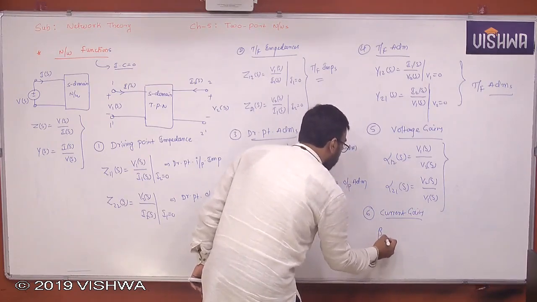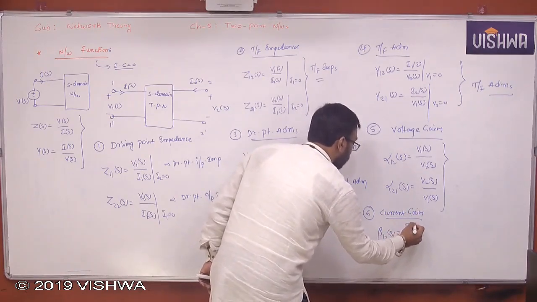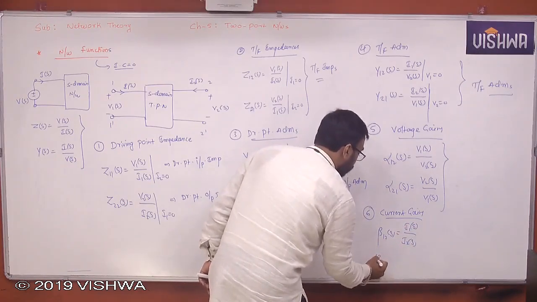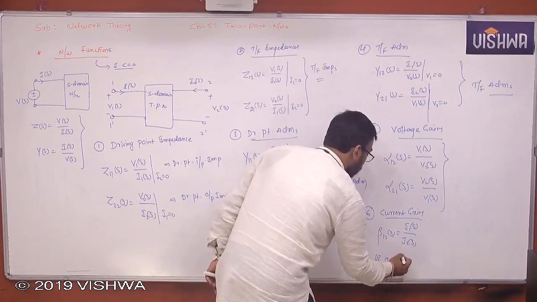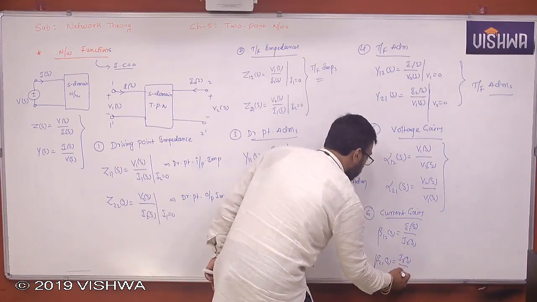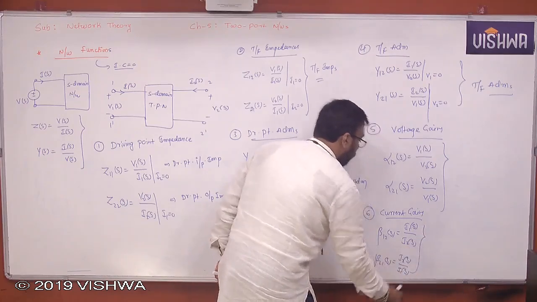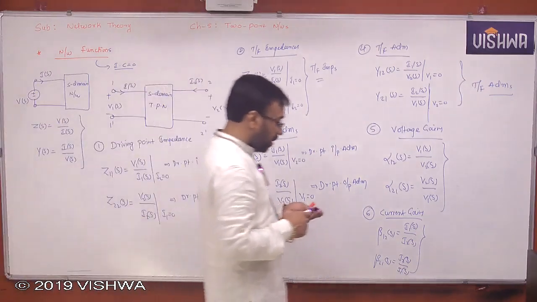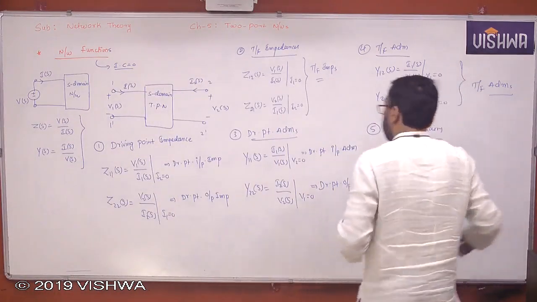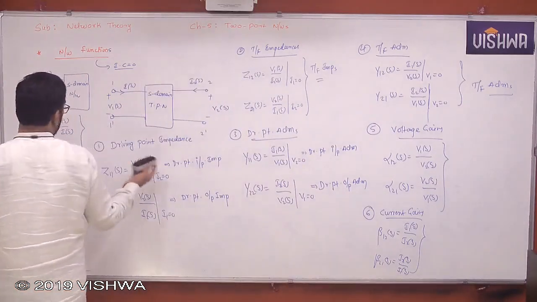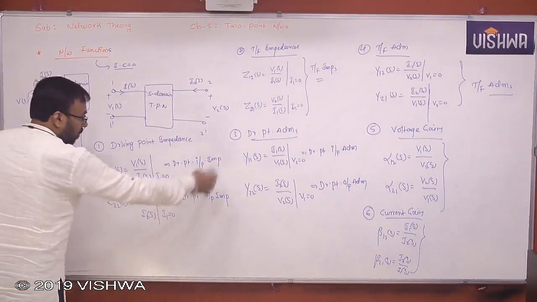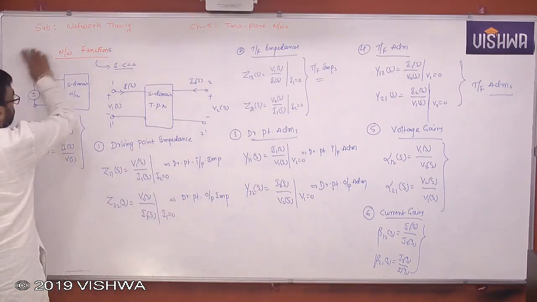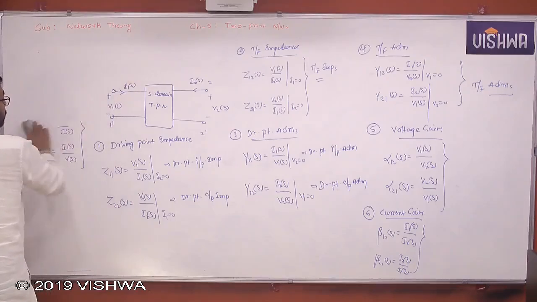Beta 12 of S is nothing but I1 of S by I2 of S. Beta 21 of S is nothing but I2 of S by I1 of S. Like that you can define in the S domain. All the values are defined in the S domain with all initial conditions set to 0, then you can define all these network functions. These are all called network functions: Z11, Z12, Z21, Z22, Y11, Y22 and so on. Okay, so please note down.